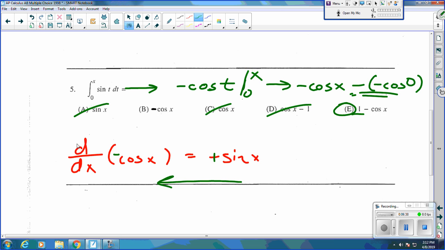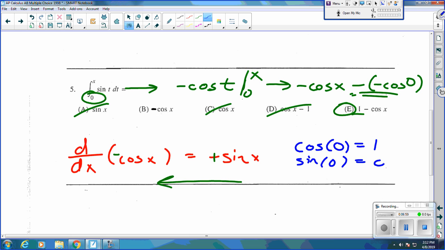All right? You should have quickly got your choices down to B and E, just by glancing at the problem. This is why, if you haven't memorized the unit circle, you should immediately recognize some of the standard tricks, right? Cosine of 0 is 1, sine of 0 is 0.